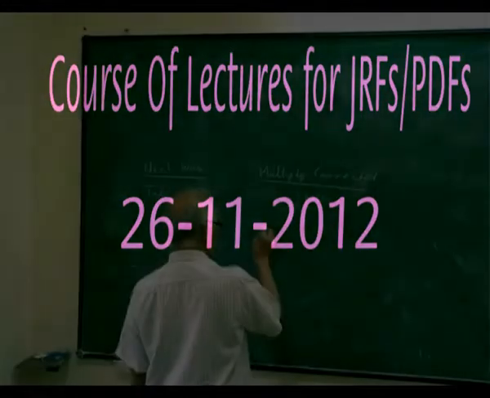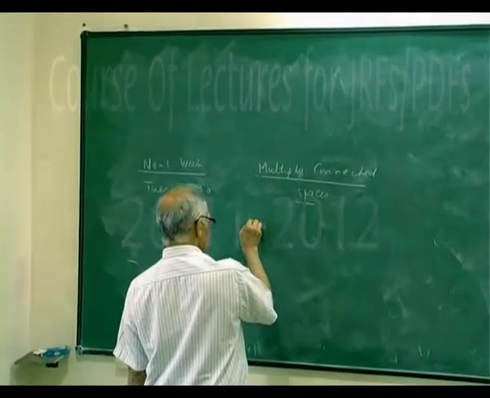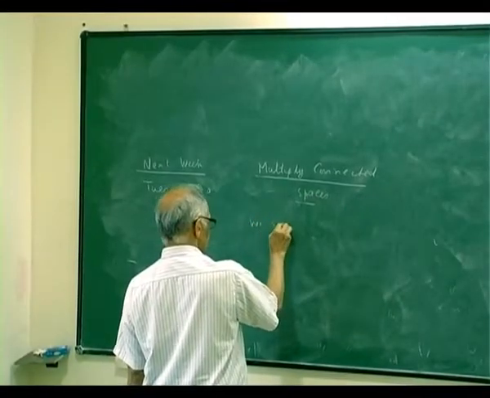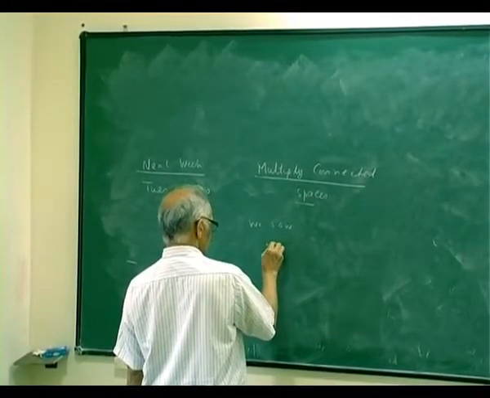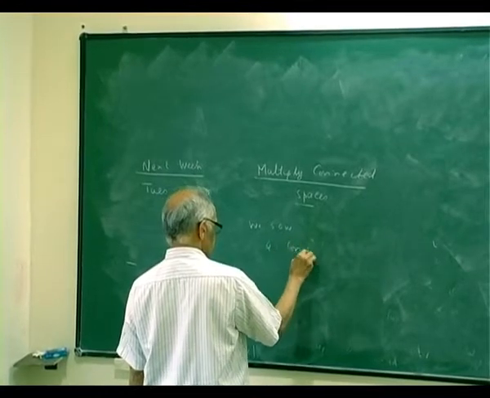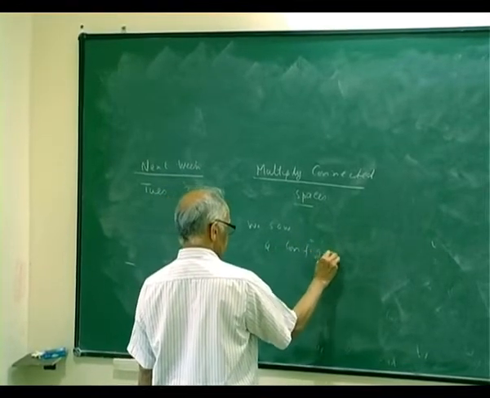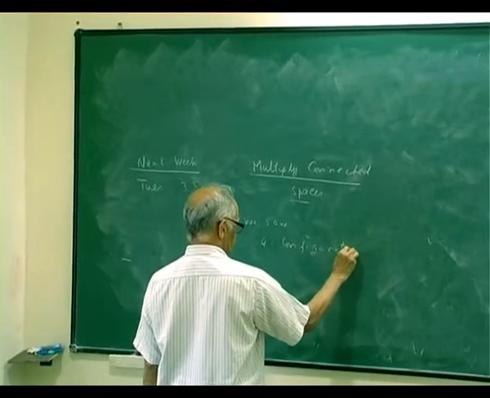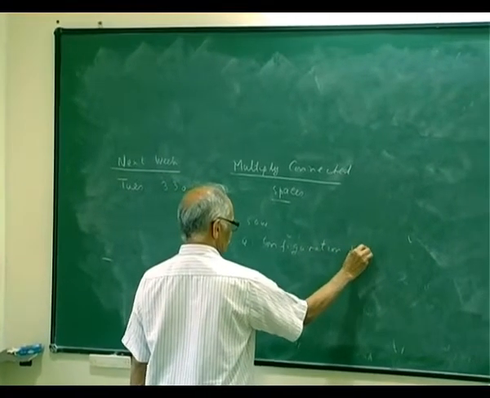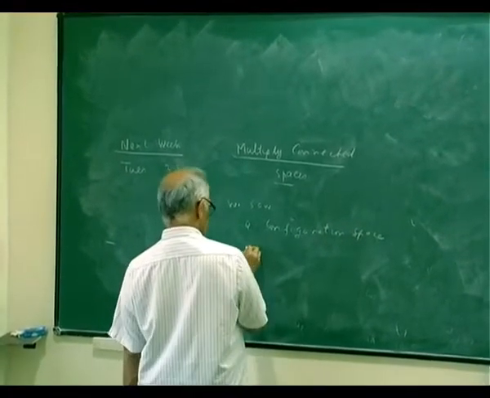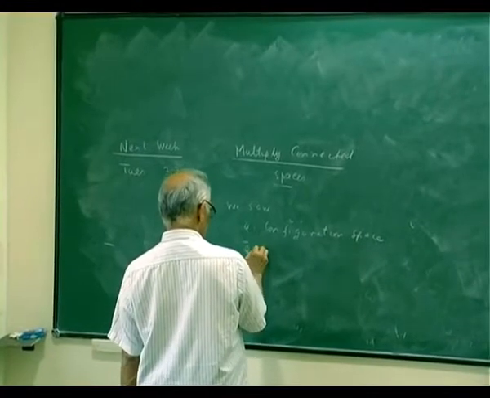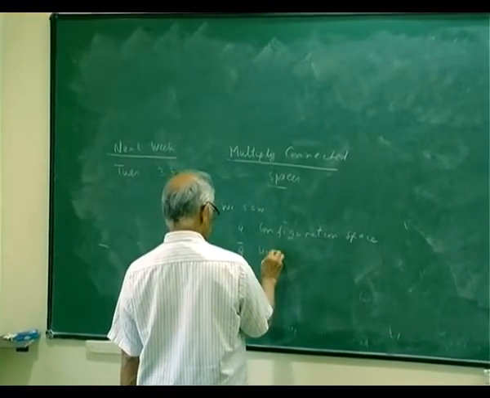What I was saying is the following. We saw, for instance, a Q is configuration space. And there is an associated Q bar, the universal covering space.